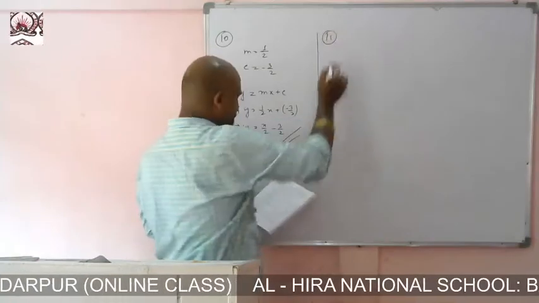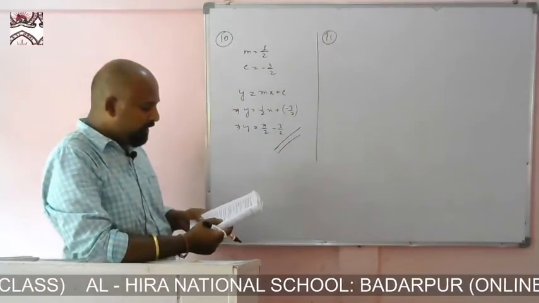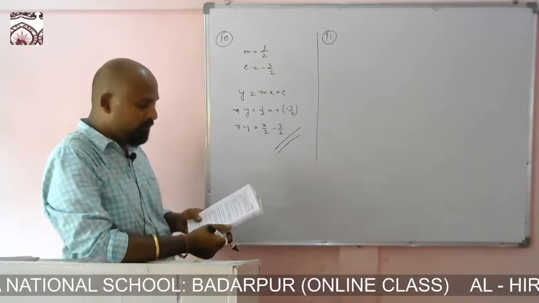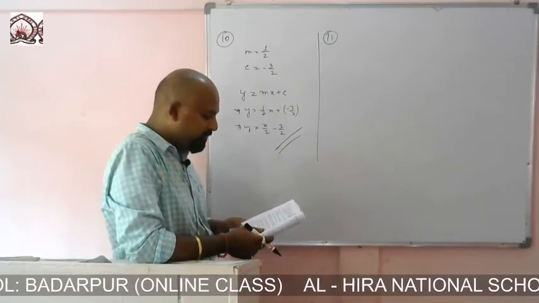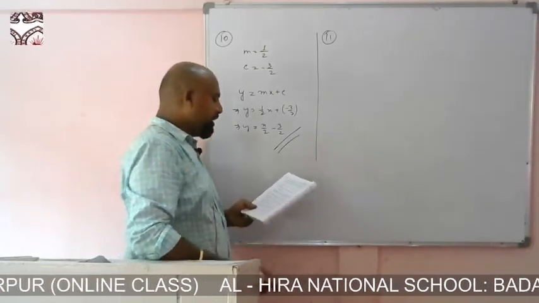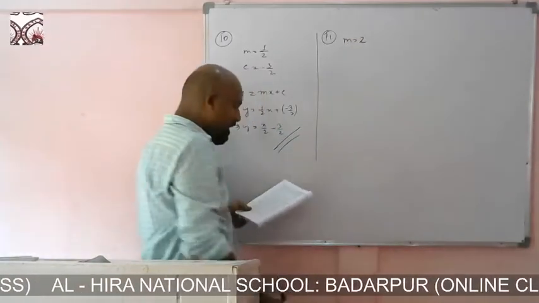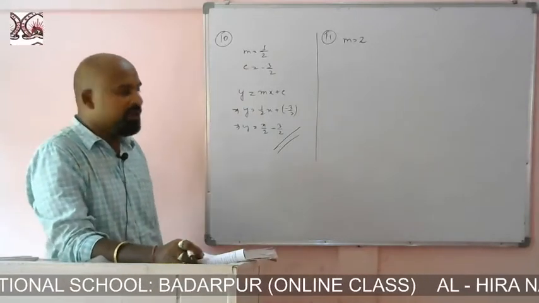Number 11. If the gradient of the line is 2 and it passes through the point (1, -3), find the equation of the line. Now the gradient of the line is given as 2, and the line passes through the point (1, -3).